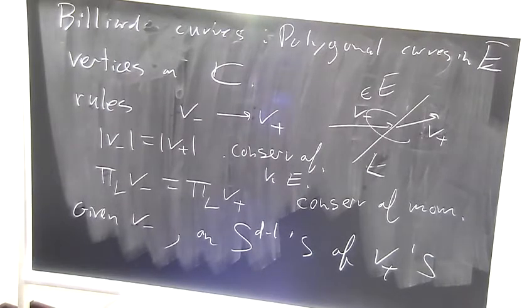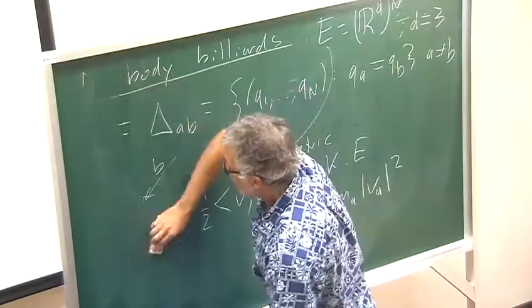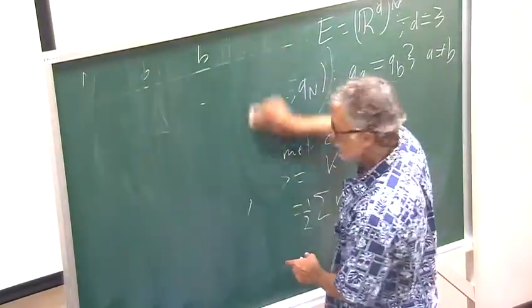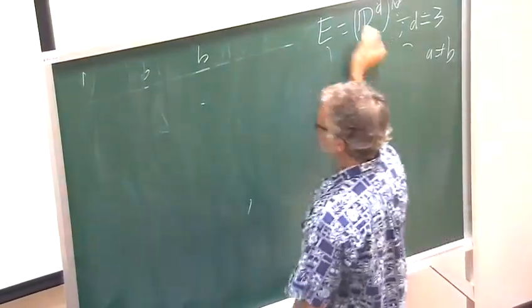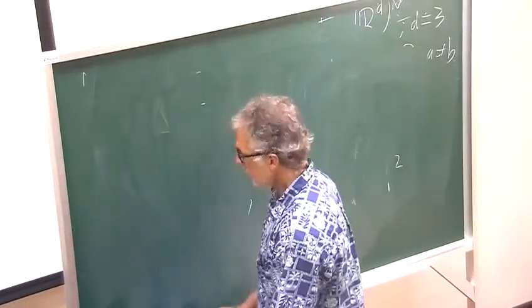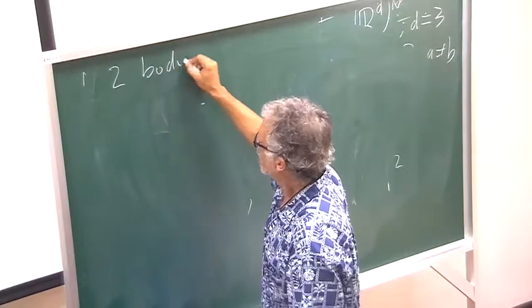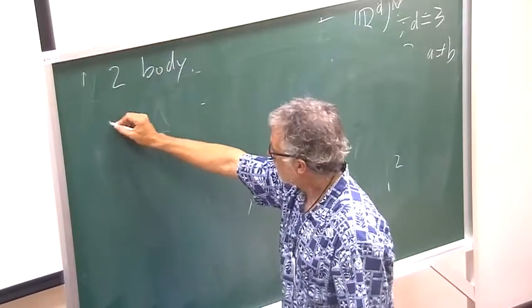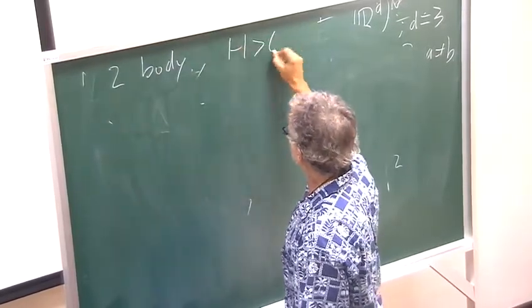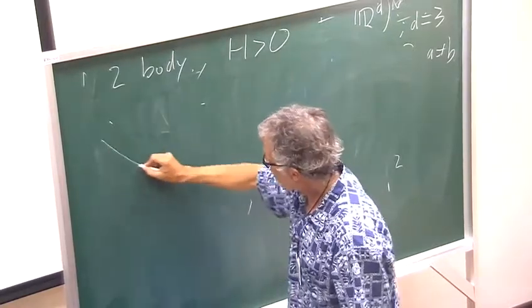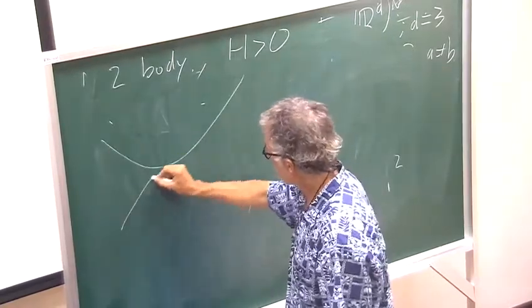So let me draw a little picture of Andreas Knauf's intuition. If you look at the two-body problem, Kepler, the solutions for positive energy look like hyperbolas.